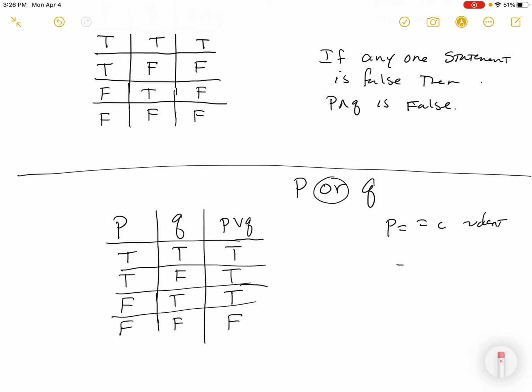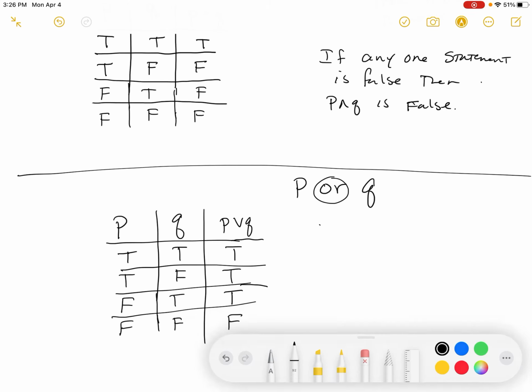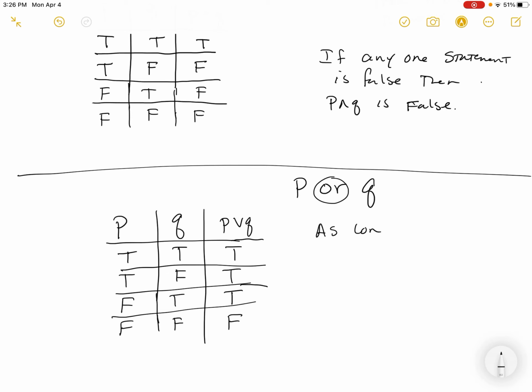But essentially what we're finding here under the or is, as long as one of the conditions is true, then P or Q is true.